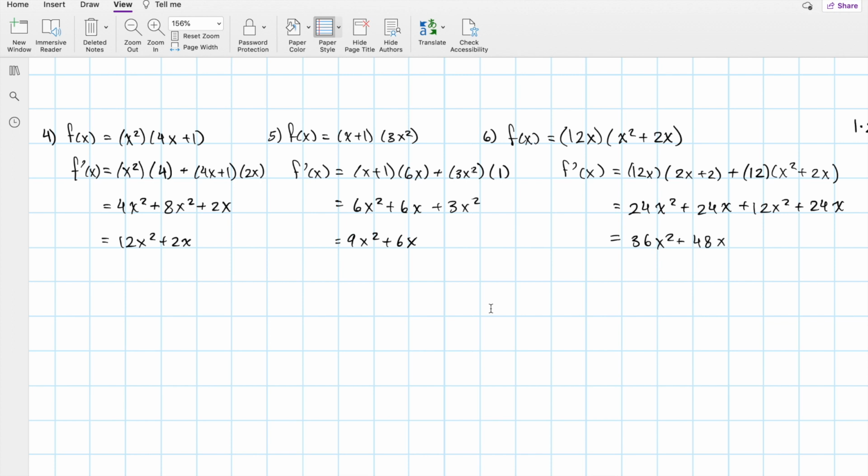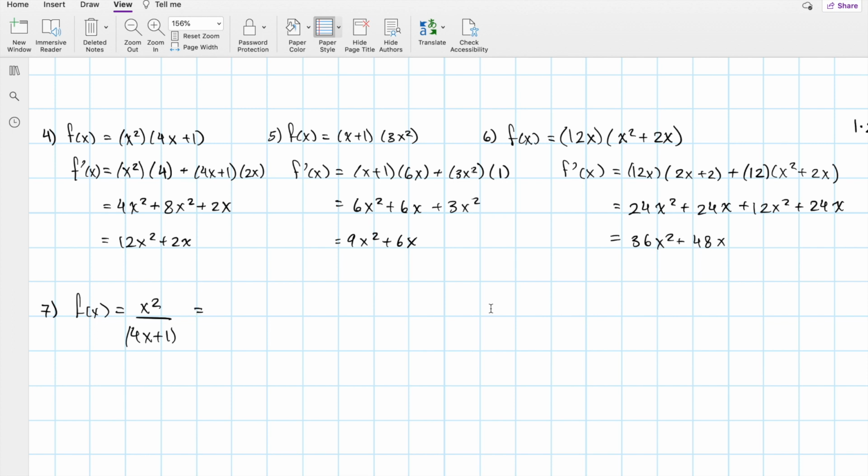Quotient rule. So what if in each of these cases we had f of x equal to x squared over 4x plus 1 instead of multiplying? Now there are two ways you could do this actually. I'm just going to show you first the quotient rule, and then another way you could look at it.